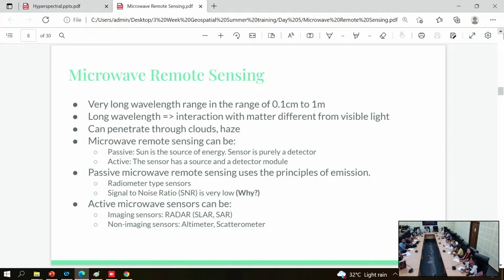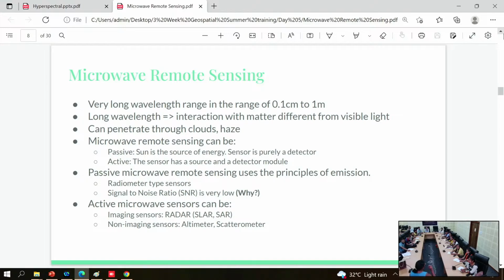So, one advantage of having microwave: in case of visible light and infrared images, you would have seen that satellite images will be having clouds, right. What are these clouds made of? Clouds are made out of small droplets of water and a few other very, very small particles.